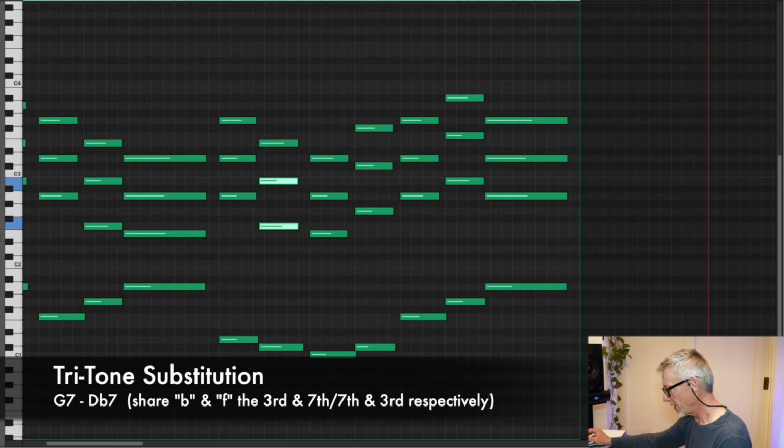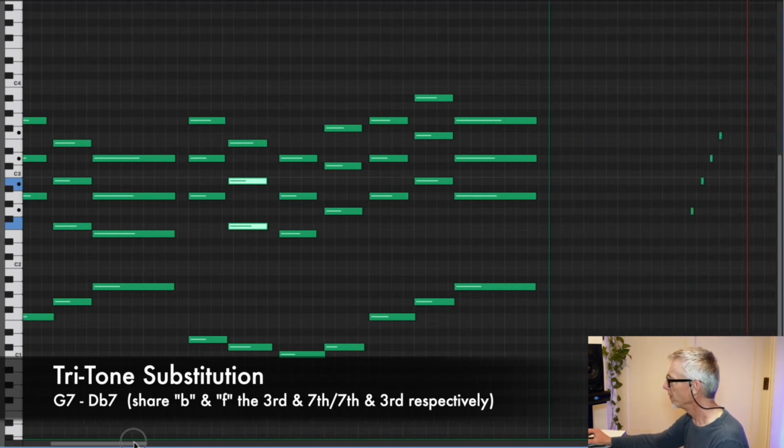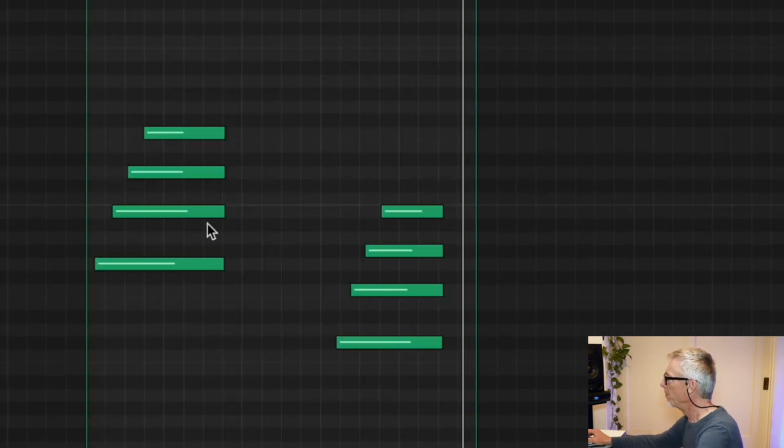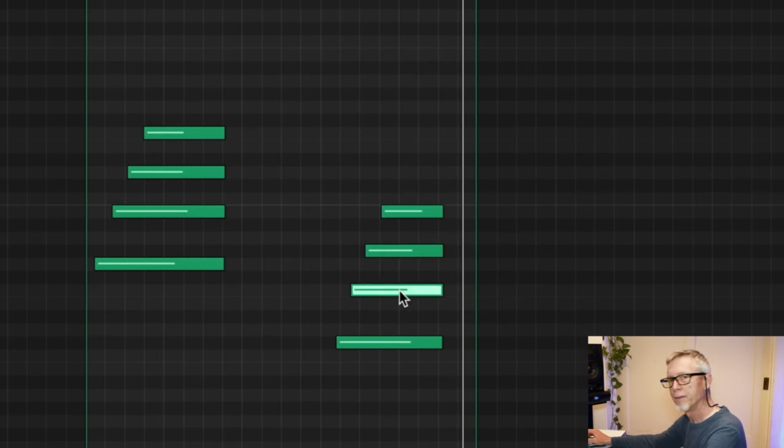As it happens, G7 and D flat 7 both have B and F built in, and they are in fact the tritone that gives the dominant chord its energy.